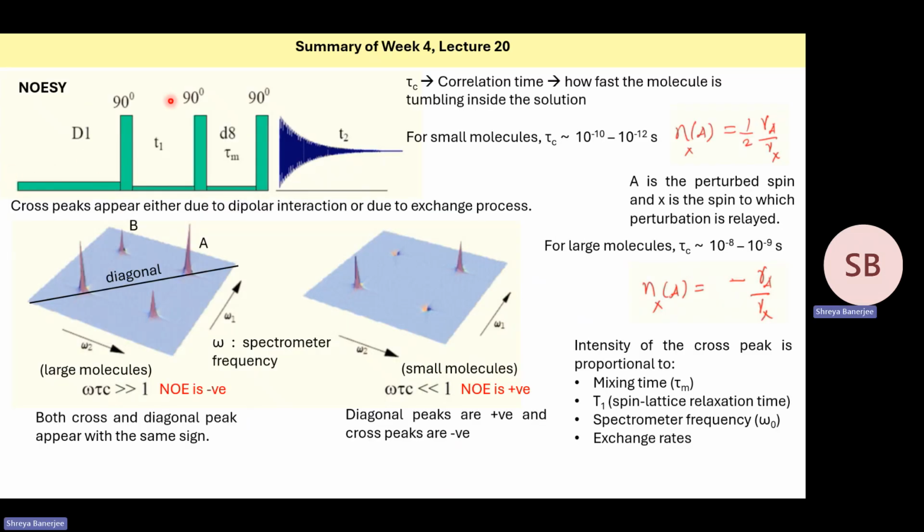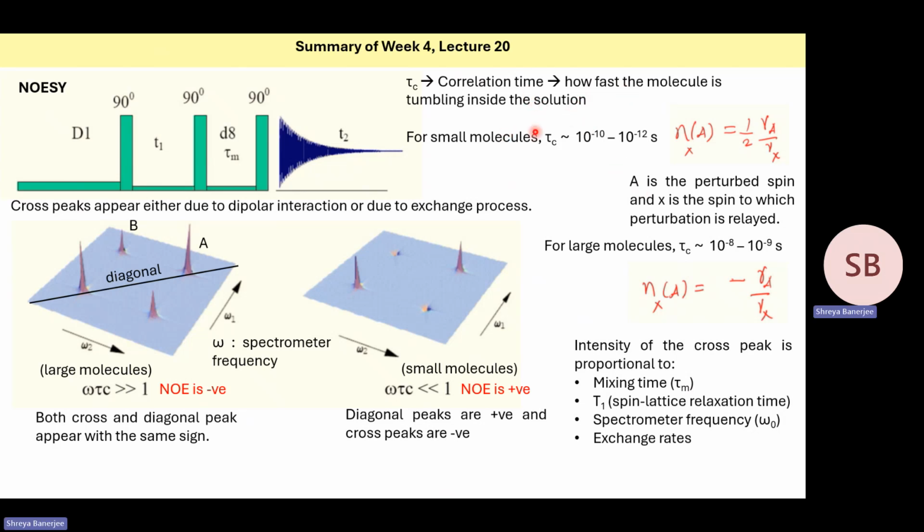So in the NOESY, again, this same pulse sequence is shown. Basically, we saw this in the previous class when we were talking about NOE. There is something called the correlation time, which measures how fast the molecule is tumbling or moving inside the solution.